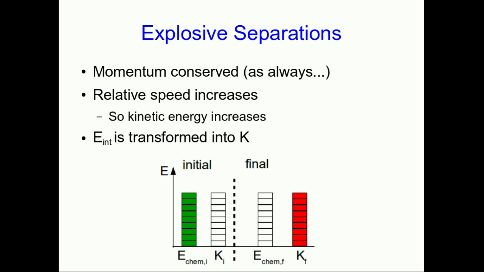The internal energy that's being converted into kinetic energy is chemical energy in those explosives. Of course, there are many other ways you can have internal energy in the system that gets converted into kinetic energy. Any sort of internal energy generally can somehow be transformed into kinetic energy to give you an explosive separation.